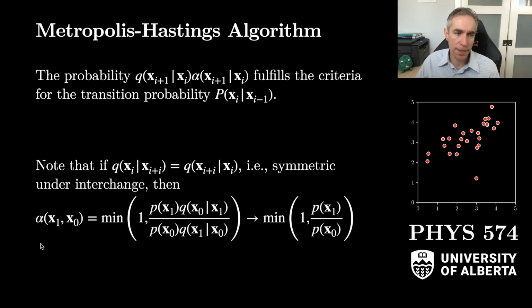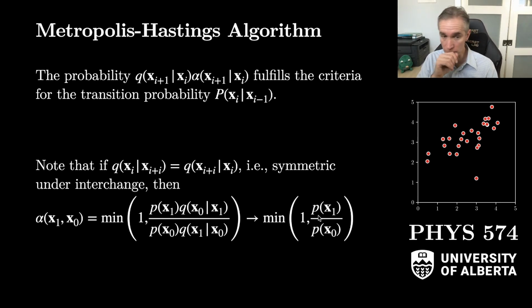Note that if the proposal distribution is symmetric in its arguments, then that term in the acceptance cancels out and it reduces to the ratio of probabilities. Essentially, if you are taking a step to a more likely space, you always accept the step. If you're taking a step to a less likely space, you sometimes accept the step, proportional to the ratio of the probabilities.